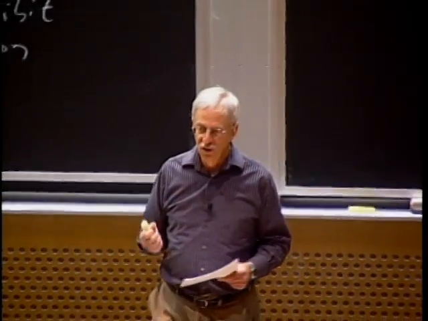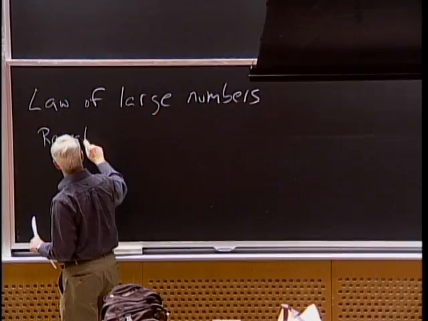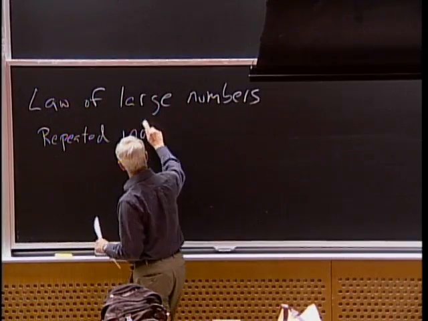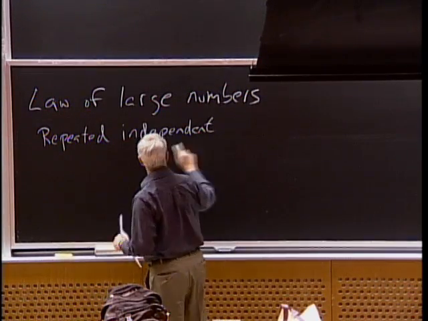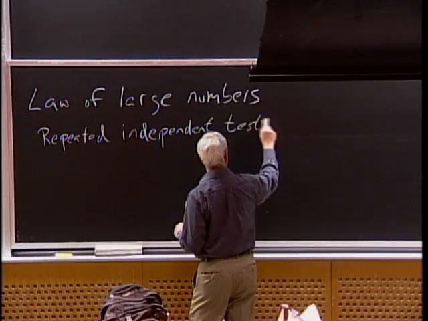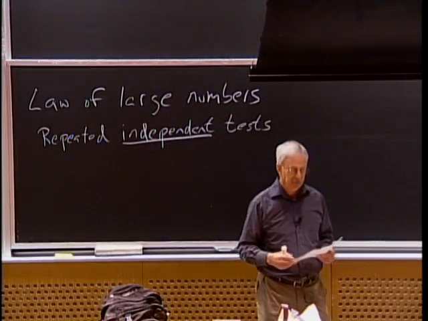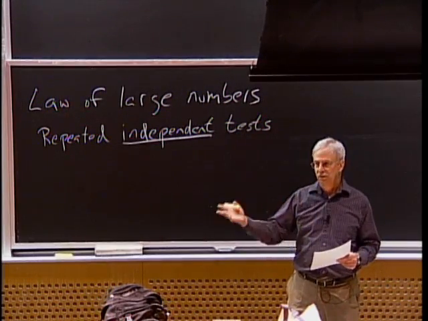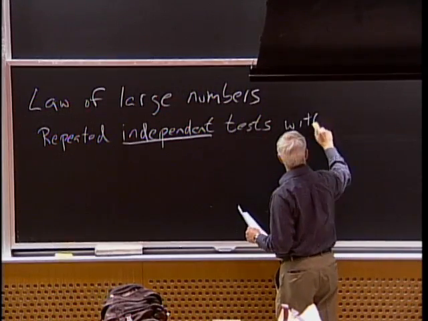Anyway, the law states, and it's important to understand this because it underlies the inferential statistics, that in repeated independent tests, and it's important to note the word independent. Each test has to be independent of the earlier test. In this case, the tests are flips of the coin.